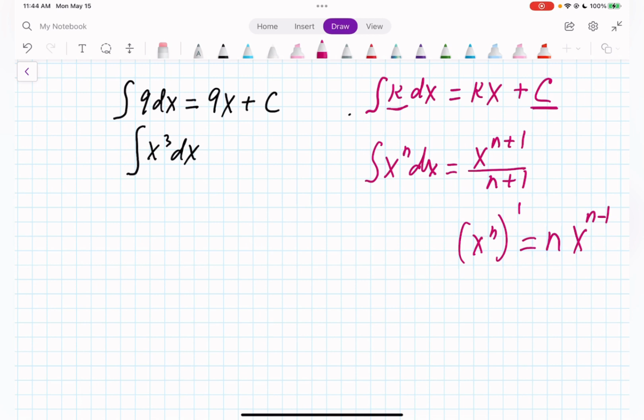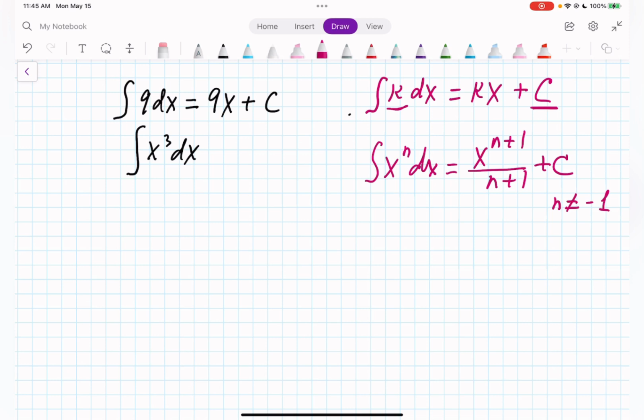This is going to be the answer, plus C. Here we had only n, but we divide by n plus 1. And we assume the condition that n cannot be equal to negative 1, right? Otherwise it will convert to a 0 denominator.